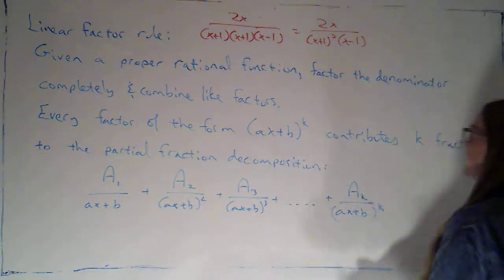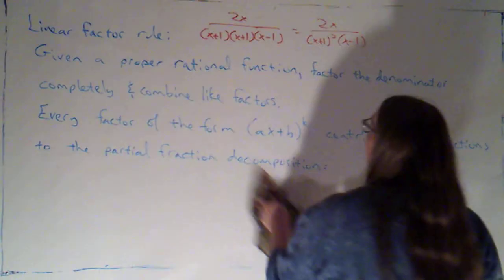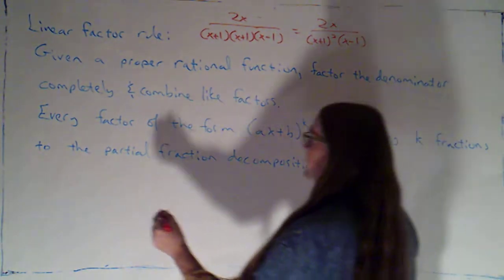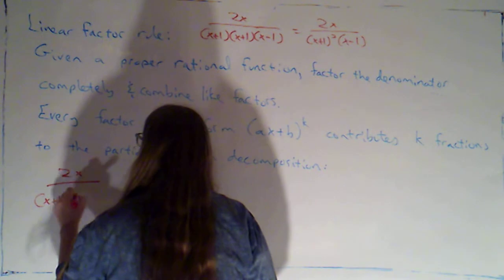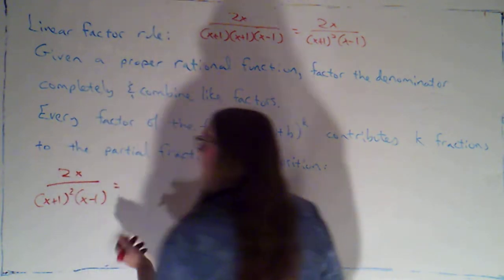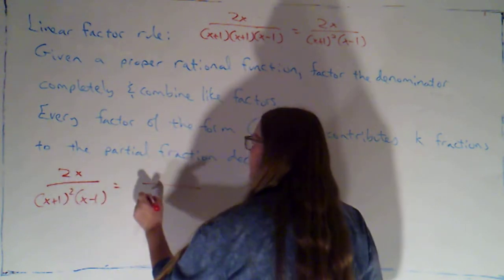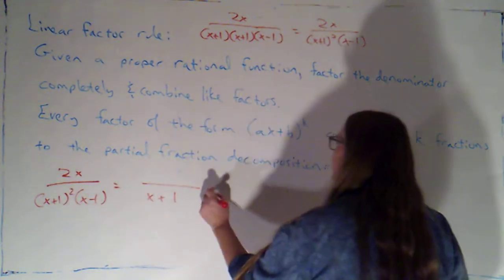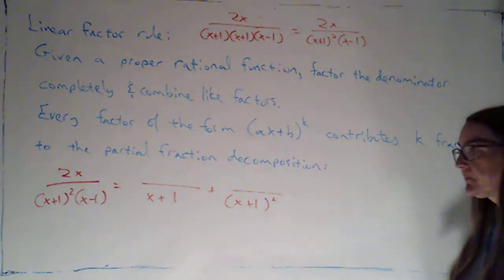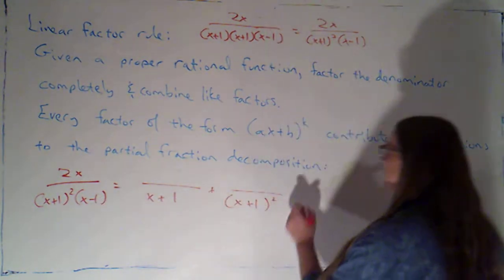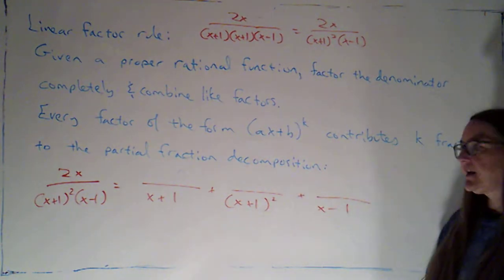Okay, so let's take a look at the general form that I would get for something like this. If I had 2x over x plus 1 squared times x minus 1, I know that would break down into, well, x plus 1 occurs twice, so I'd have one fraction with an x plus 1 and one fraction with an x plus 1 squared. And then x minus 1 only occurs once, so I'd have one fraction with an x minus 1.